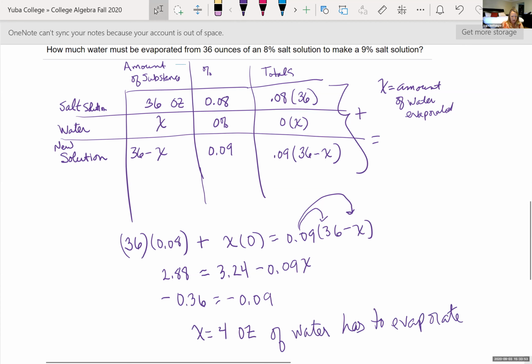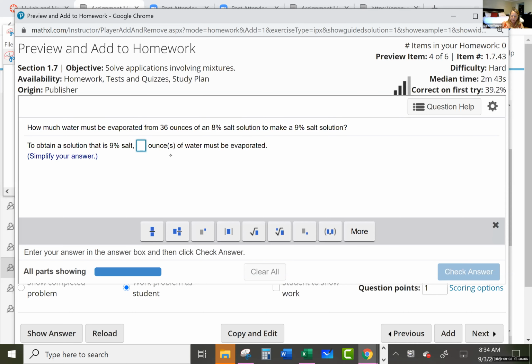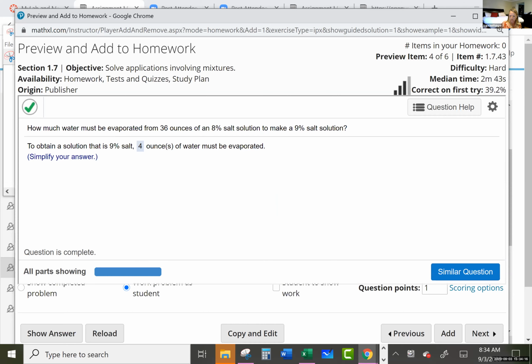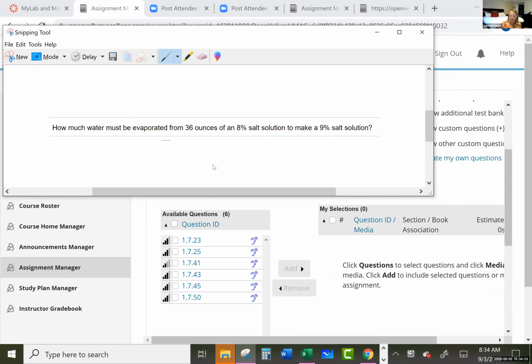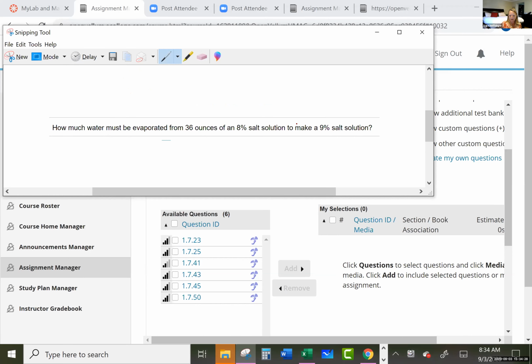Okay. So we said 4 ounces. Let me pull up another one.